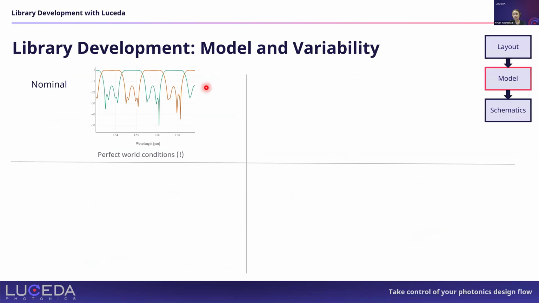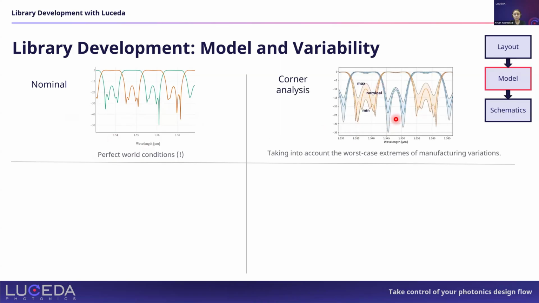So once the component layout is ready and it is simulated, foundries or library providers can attach those models resulting from simulation to the components, which is called a nominal simulation, which describes the behavior of the components and circuits in perfect-world conditions, which is not the case.